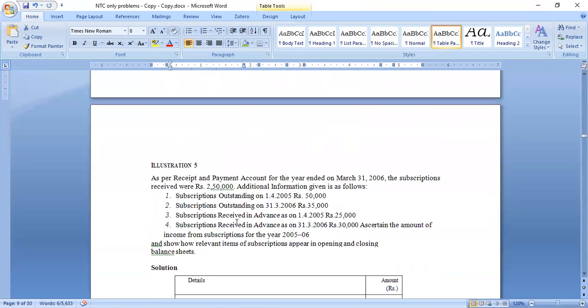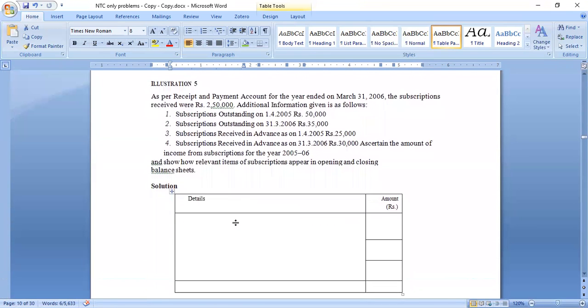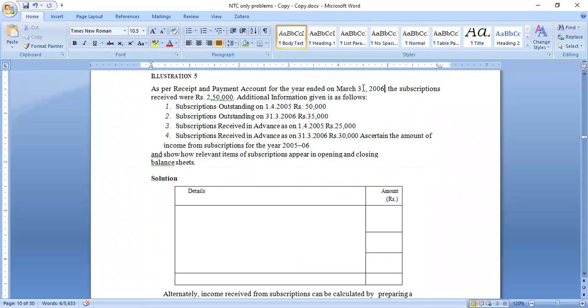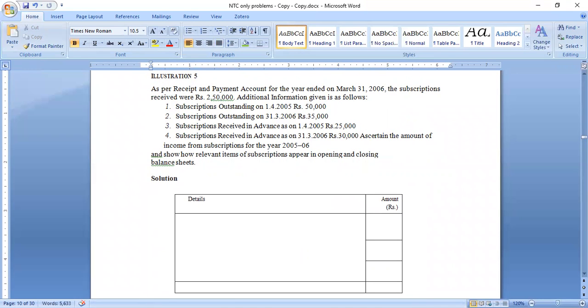So we are going to another example. As per the receipts and payment account for the year ended March 31st, 2006, we have to prepare the subscription account. The current year is 2005-6. The subscription received was 2,50,000 as per the receipts and payment account.